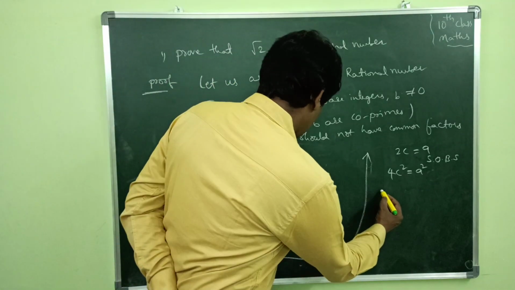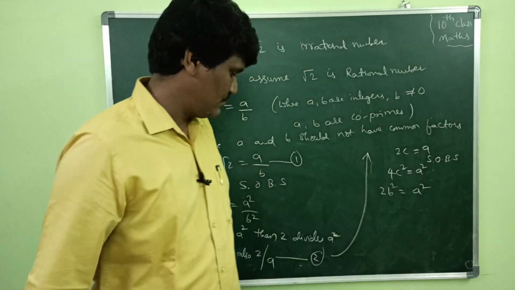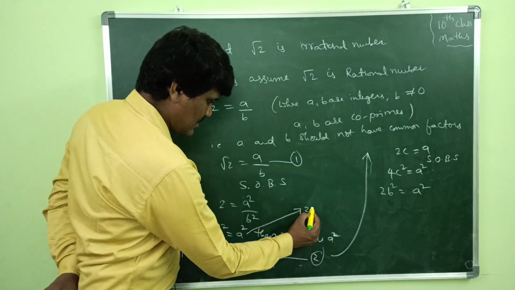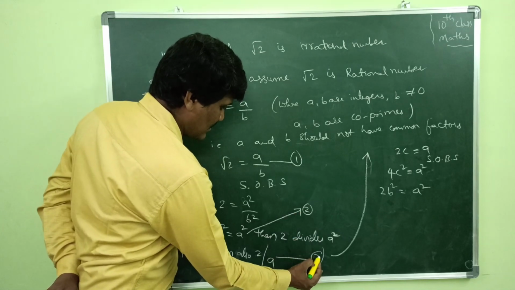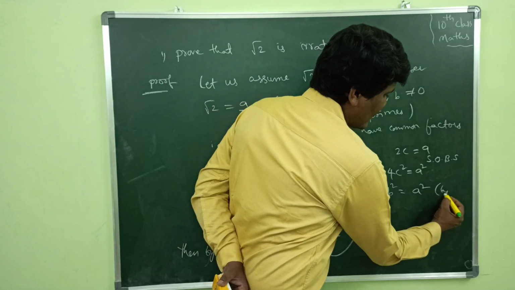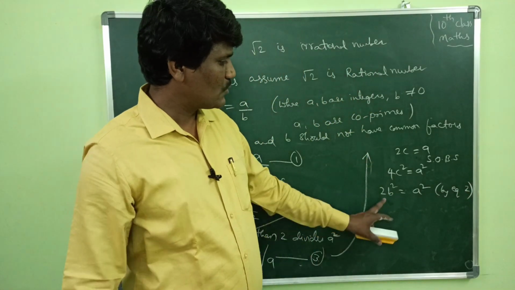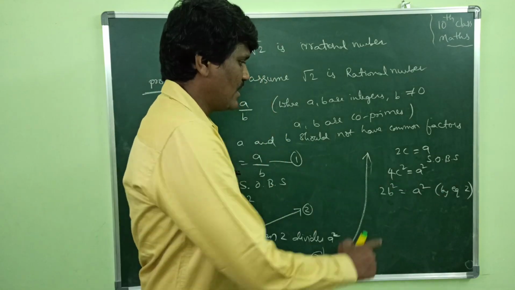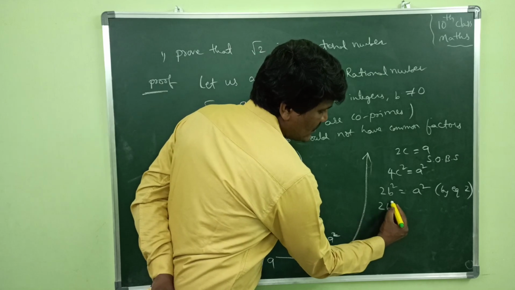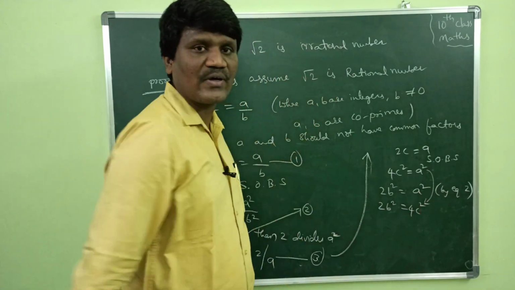Say this is equation number 3. Now I will substitute. I have 2b square is equal to a square by equation 1. Now a square I can write as 4c square, so 2b square is equal to 4c square.